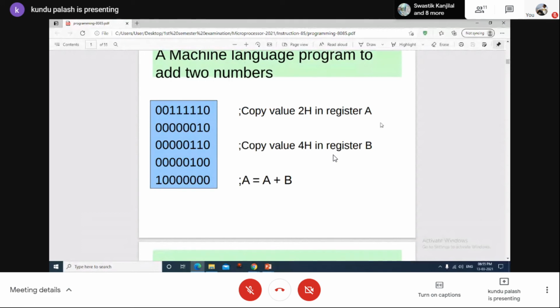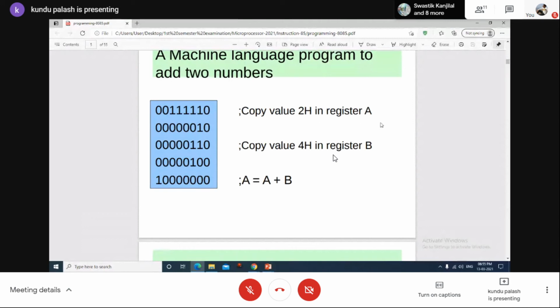So now comes the assembly language. According to the instruction classification, we have learned the meaning of the different mnemonics under different natures of operations. The mnemonics are MOV, ADD, SUB, these are examples of the mnemonic, or instruction.